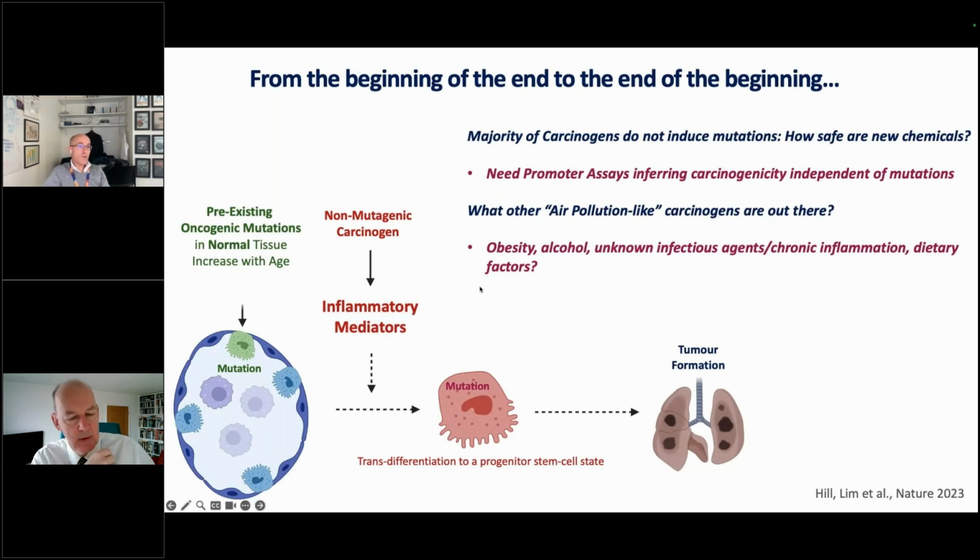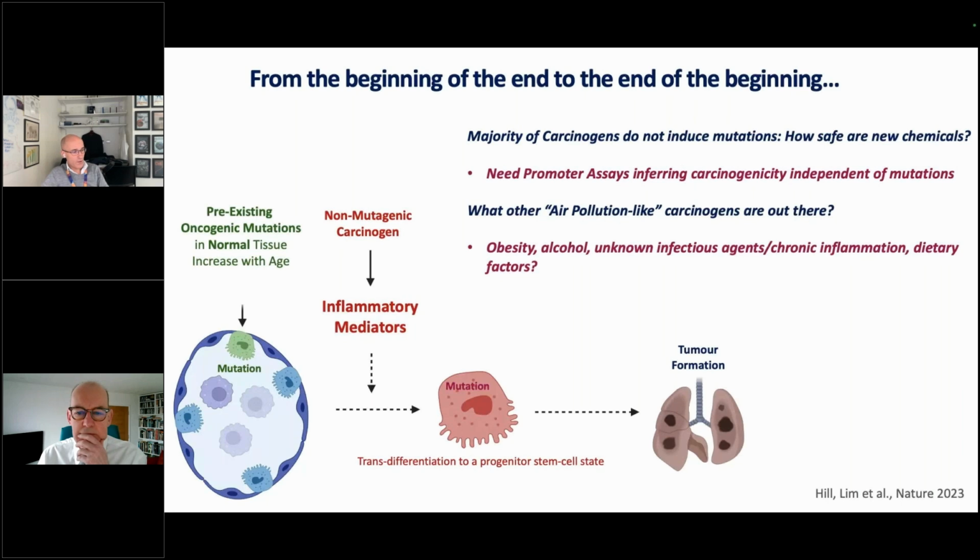So we need these promoter assays to infer the carcinogenic potential of new chemical matter that's being introduced into the environment. Just because it doesn't damage DNA doesn't mean that it's safe. So indeed, how safe is your Tesco's floor cleaning fluid, your furniture polish, or your window cleaning fluid? We simply don't know because we don't have the assays to be able to score.